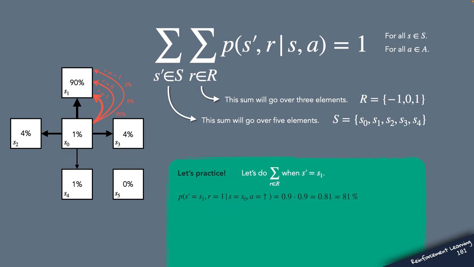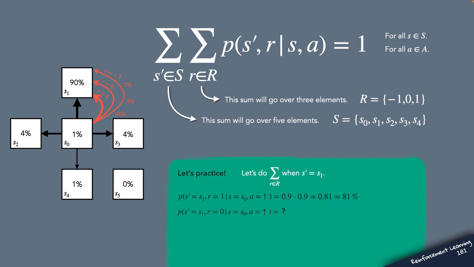So this will give a 0.9 probability for this particular state transition and 0.9 probability for this particular reward. So 81% chance. And notice that we could simply multiply these probabilities because we assume that the state transition and receiving the reward are independent events.